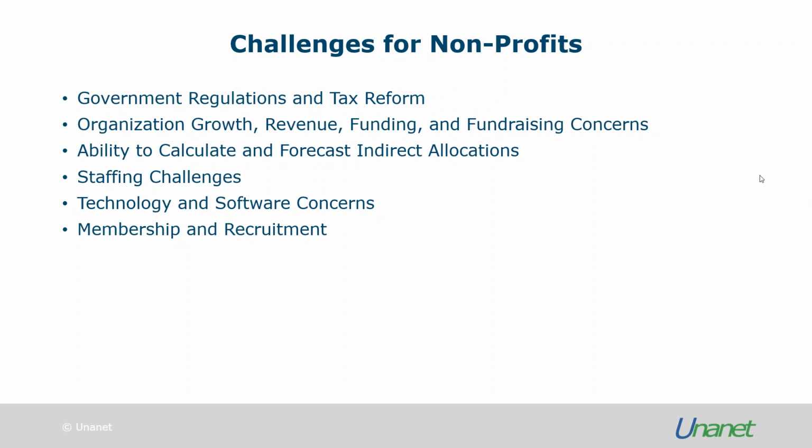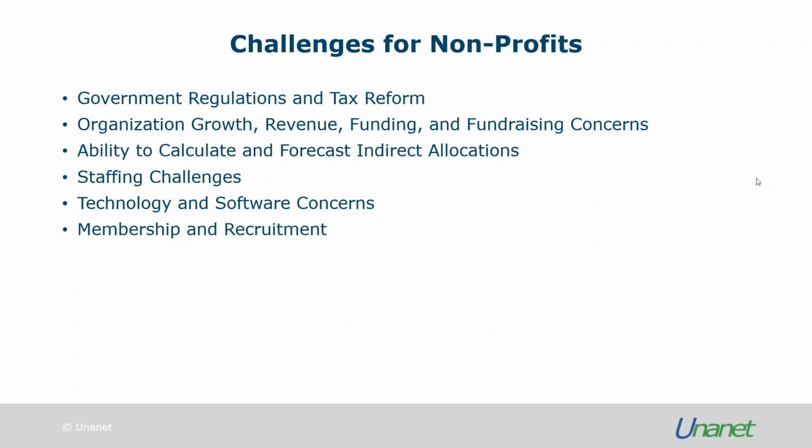Are you making sure that every single client, customer, or activity is sharing in the burden of the costs that allow your organization to run? And how are you doing that? How are you calculating how much your indirect costs are and what your burden should be on your activity?